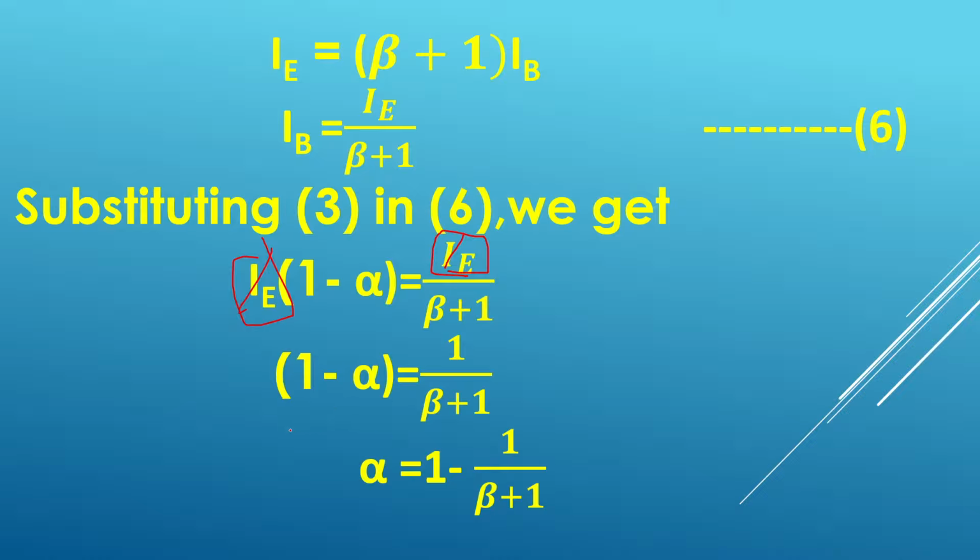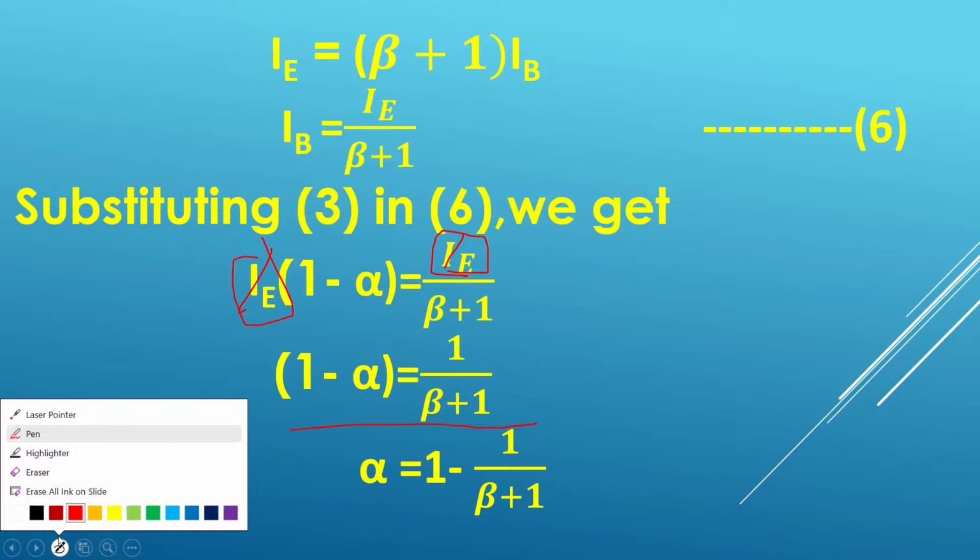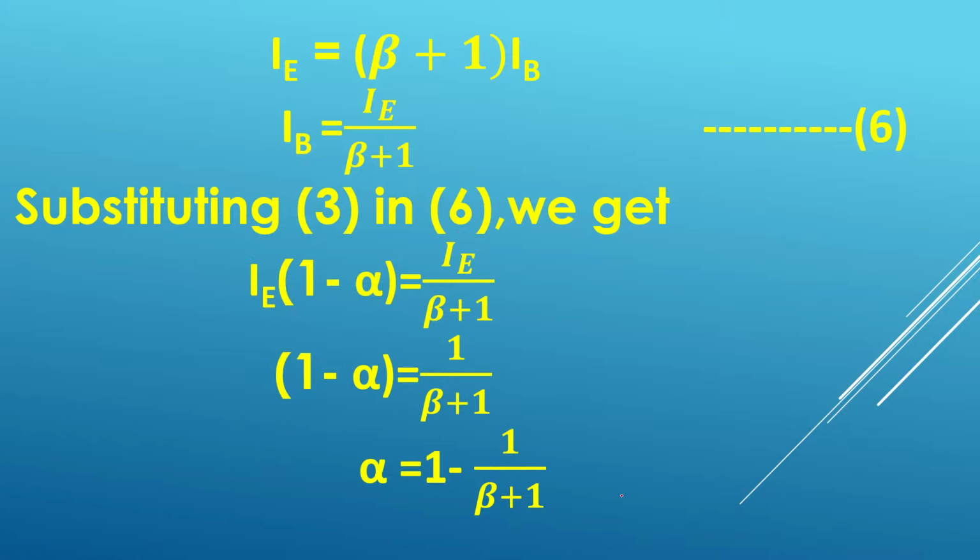So you can again rearrange the terms. You can send 1 to the other side, keeping alpha on this side. So what do you get? Alpha equal to 1 minus 1 by beta plus 1. This is what you will get. Just write it down.